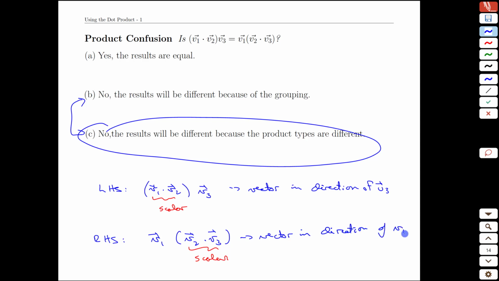And of course, there's no reason why v1 and v3 would have the same direction to start with. So if we compare those two, these are not equal in general. Going back to the statement here, the issue is that the product of v1 with v2 versus v2 with v3 is different because we're doing a dot product in one case and a scalar product in the second case.